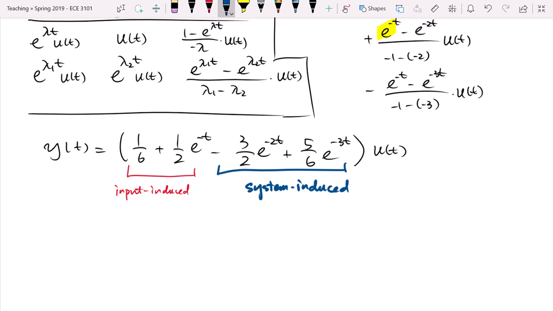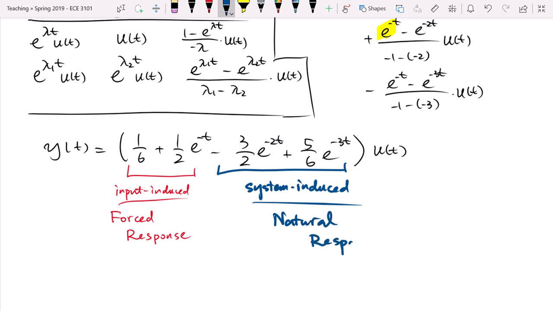And this gives us another way to characterize or classify the terms. Sometimes we'll call the input induced terms the forced response, and the system induced terms the natural response.